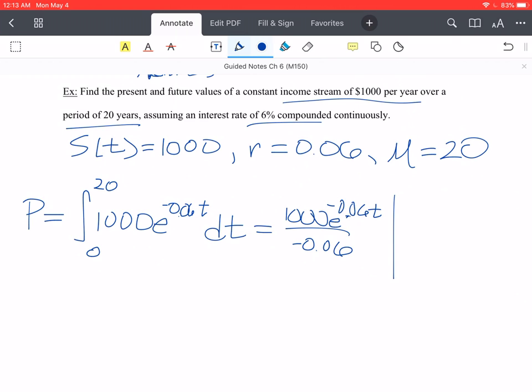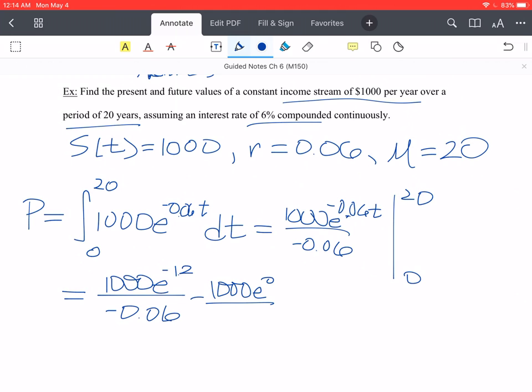And then this is getting evaluated from 0 to 20. So we get 1,000 e to the negative 1.2 over negative 0.06 minus 1,000 e to the 0 over negative 0.06.